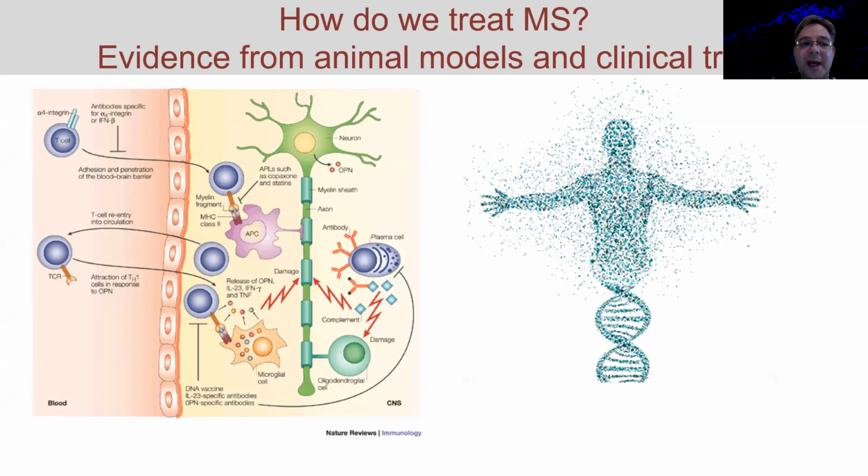And the animal models have effectively shown us, just to recap, that we're capable of blocking the Th1 mediated response, and we can do that effectively either through injection of a cytokine like interferon beta, or by blocking, using a monoclonal antibody, the cells from transendothelial cell migrating into the central nervous system, such as natalizumab.